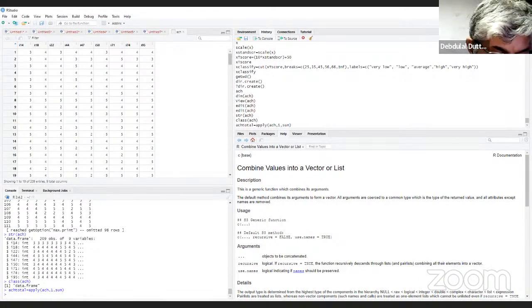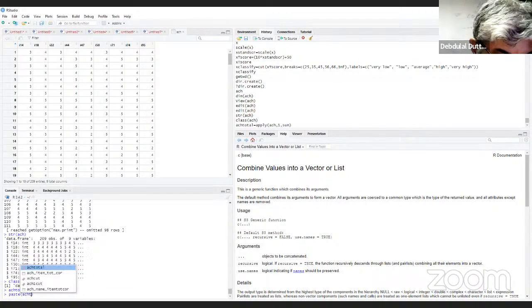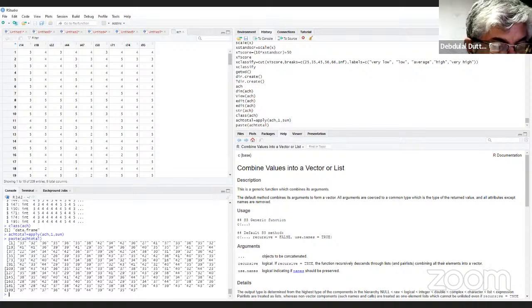Now, if I want to know what is in H total, I can write paste. Is it visible to all of you? So you will get that 209 observations are there. So this is the total score.